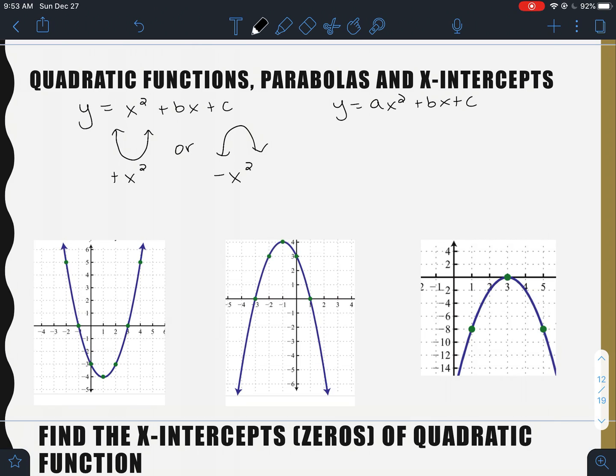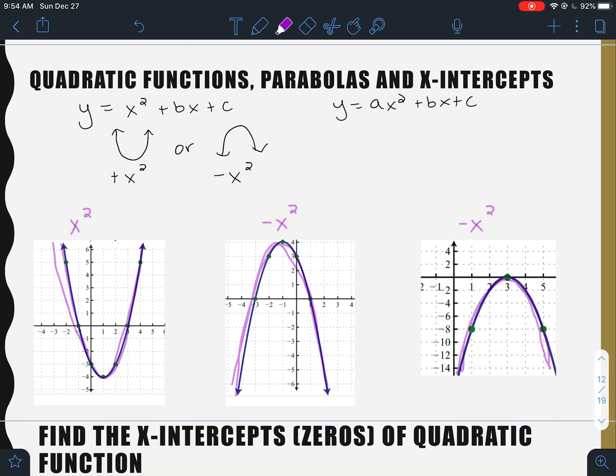Well, happy parabolas are made when you have a positive x squared, and sad parabolas are made when you have a negative x squared. So looking at our three examples, we have one happy parabola and two sad parabolas. So this right here would be a happy parabola. So this parabola, I know, would have to be an x squared parabola. The parabola next door is a sad parabola, so it would be a negative x squared. And then this one next door to that is also a sad parabola, so I know it would have to be a negative x squared.